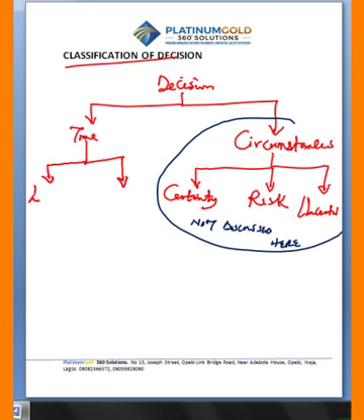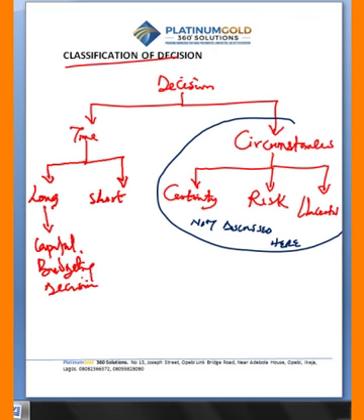you can be making decisions under a long term and under a short term. So you can make long term decisions. These are decisions that we call capital expenditure, capital budgeting decisions. So this can involve acquisition of an asset, building of house, and what have you.